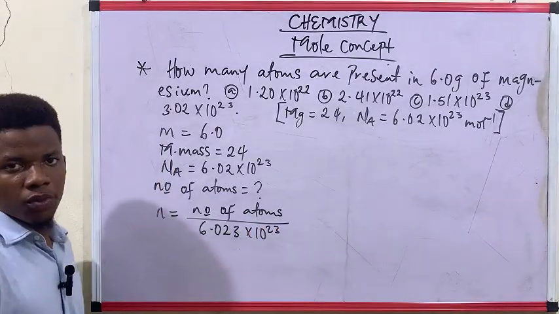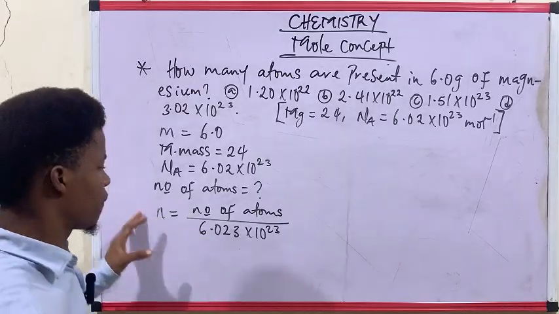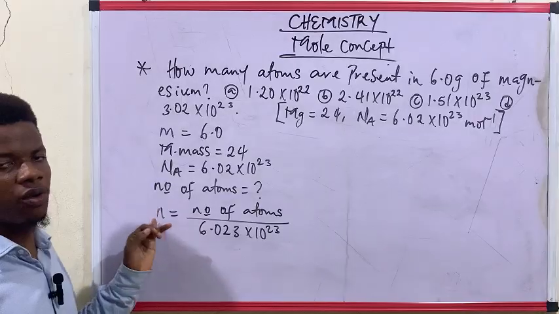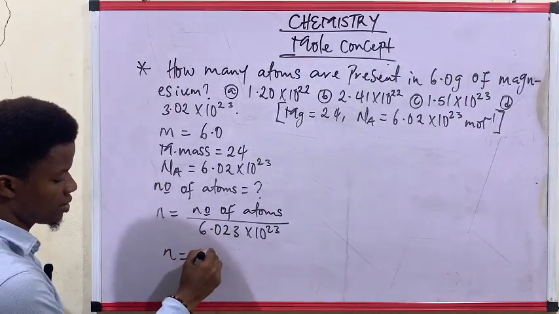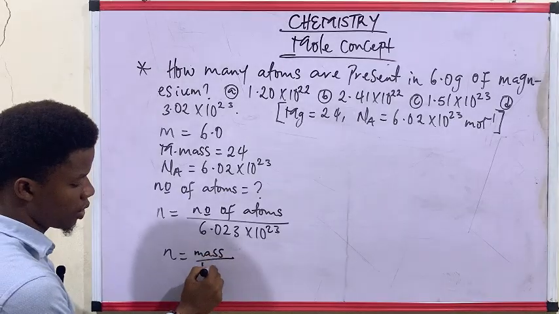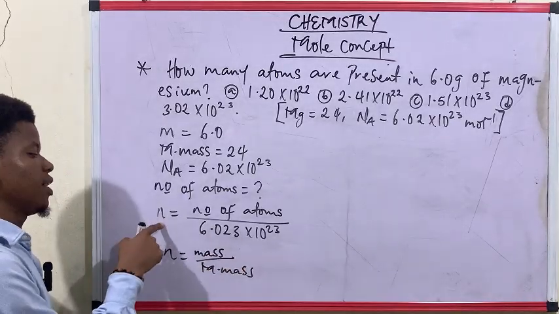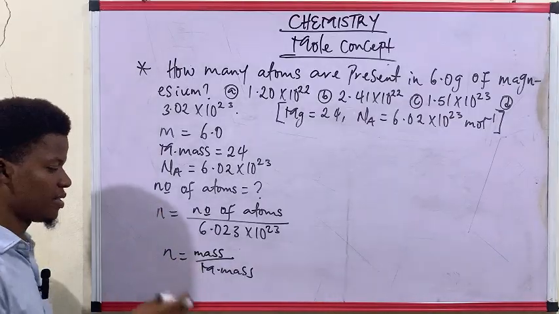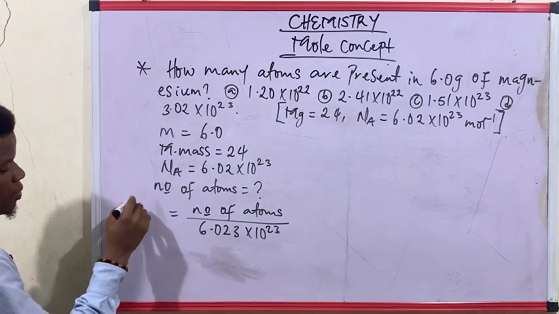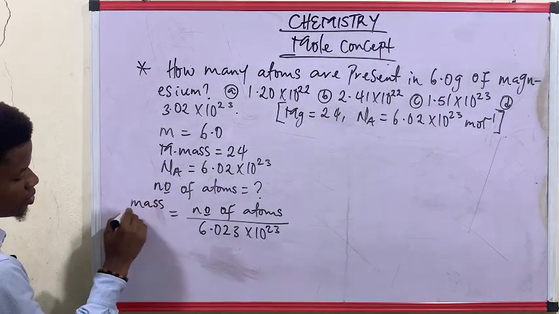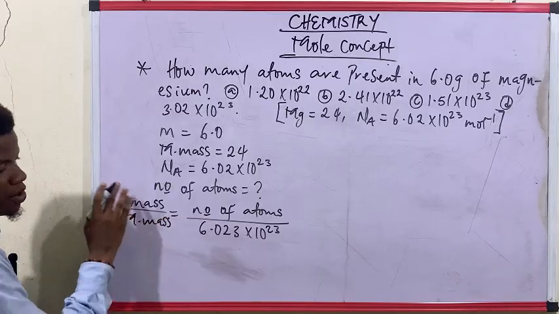But I told you, instead of just finding n, go and use n is equal to mass all over molar mass. Then before you come here and use the value of your n, that's literally a waste of time. So all you simply do is remove this n here and replace it with mass all over molar mass. So now you've got this, you can proceed.